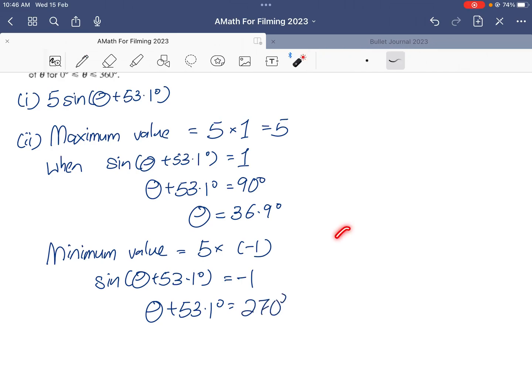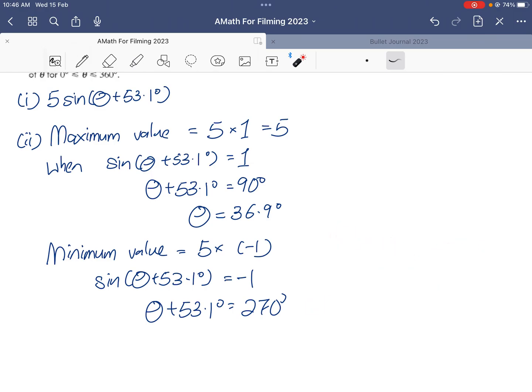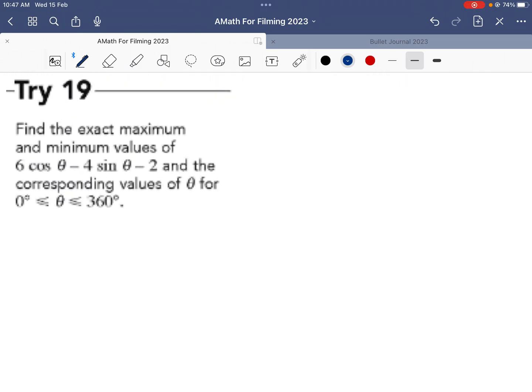What I'm talking about is this: if you were to sketch a sine graph, 0, 90, 180, 270, 360. Over here at 270 degrees, you get negative 1. So what I'll get here is theta equals 270 minus 53.1. I get 216.9 degrees. So I say minimum value when theta equals 216.9 degrees.